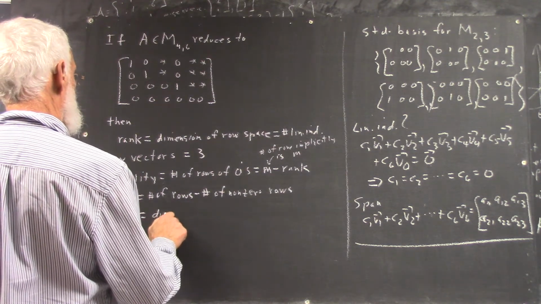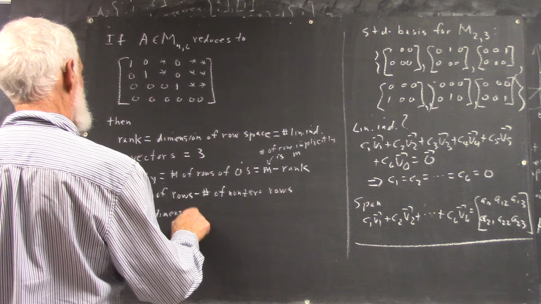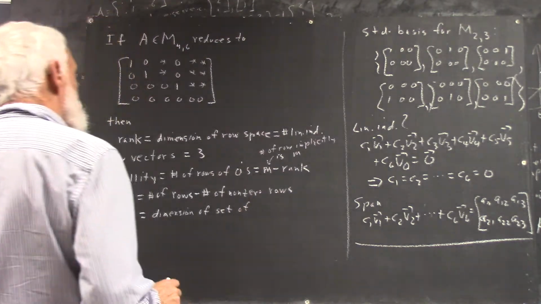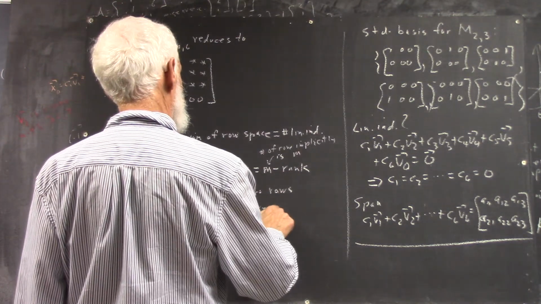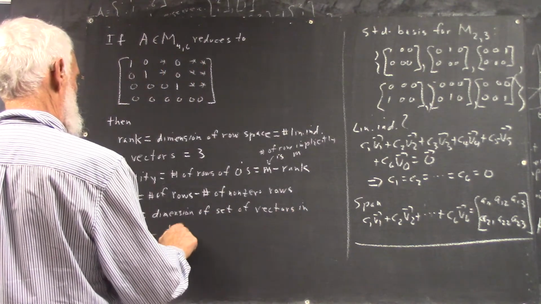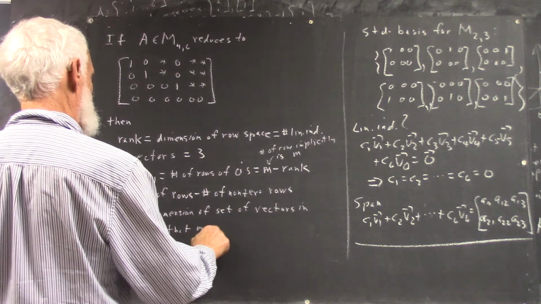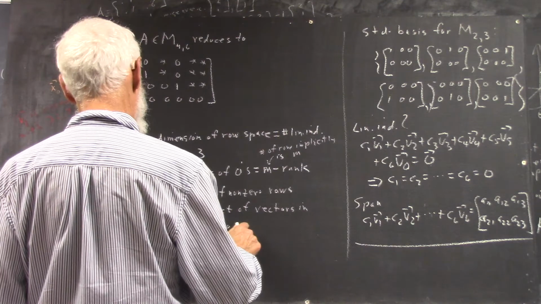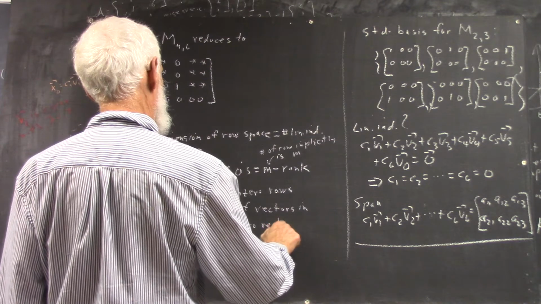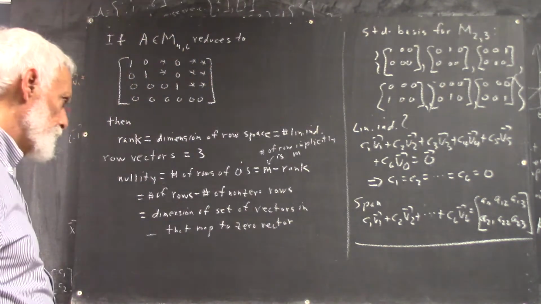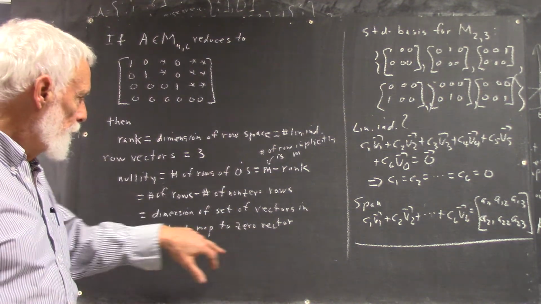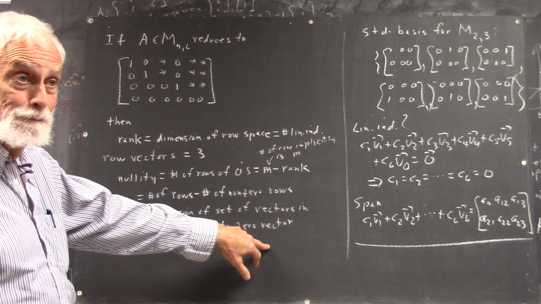That is equal to the number of vectors in whatever space you have that map to the 0 vector. Okay?